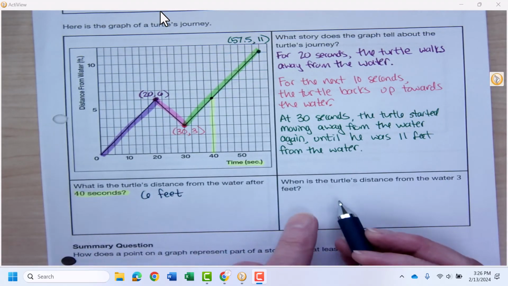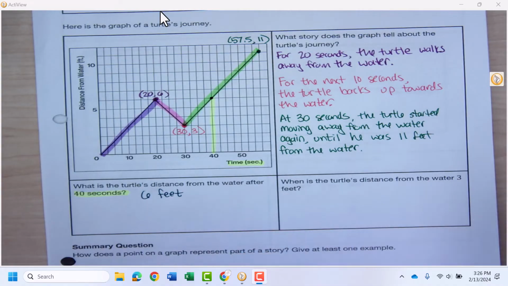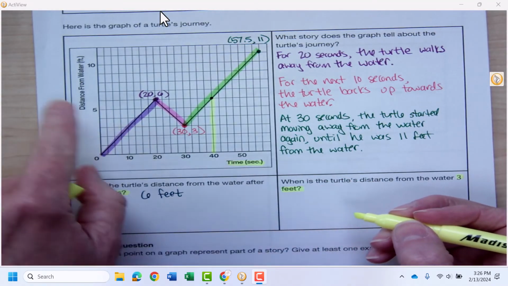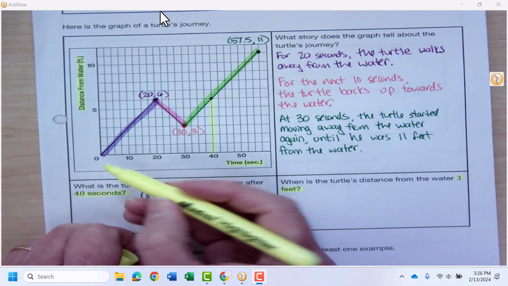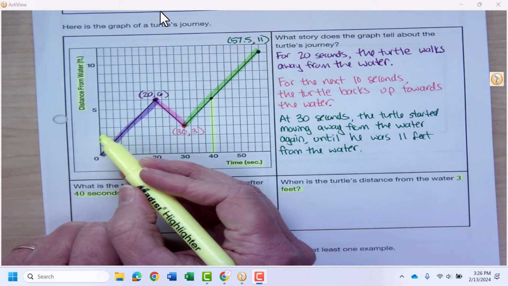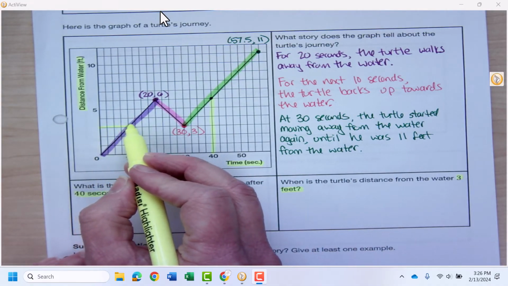And then let's come from the other direction. When is the turtle's distance from the water 3 feet? So if it's telling me feet, I need to go to this axis first. This is the axis that represents feet. Make sure I'm reading this scale correctly. This is 1 foot, 2 feet, 3 feet. So I'm going to come across, and you know what?